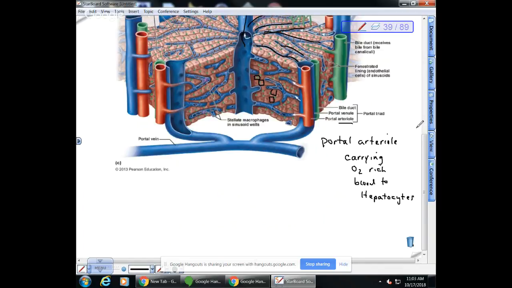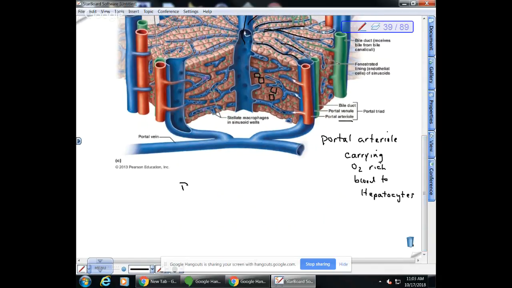We also have what is referred to as the portal venule. Oops, and there's no I in there. I get rid of the I. So the portal venule carries food-rich blood from the small intestine. So nutrient-rich.